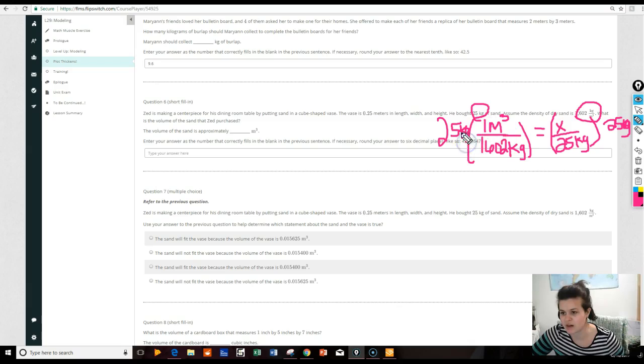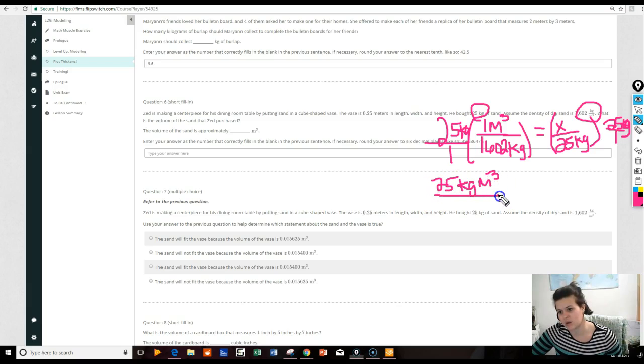And we multiply fractions, numerator to numerator, denominator to denominator, and there is a 1 denominator here. It is implied. So 25 kilograms times 1 meter cubed would be 25 kilograms meter cubed, divided by 1 times 1,602 kilograms, which is 1,602 kilograms.